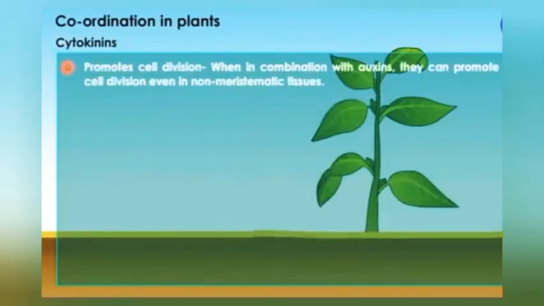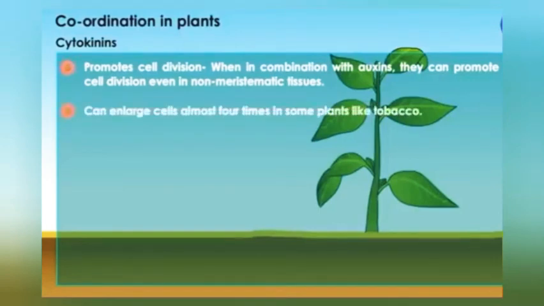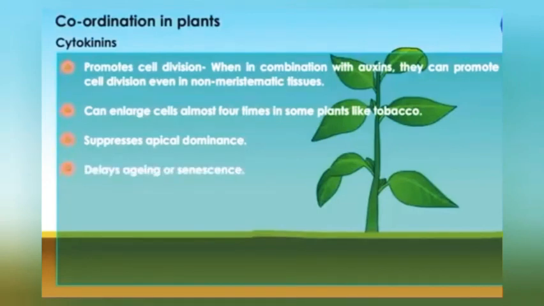Cytokinins promote cell division. When in combination with auxins, they can promote cell division even in non-meristematic tissues. Can enlarge cells almost 4 times in some plants like tobacco. Suppresses apical dominance. Delays aging or senescence.